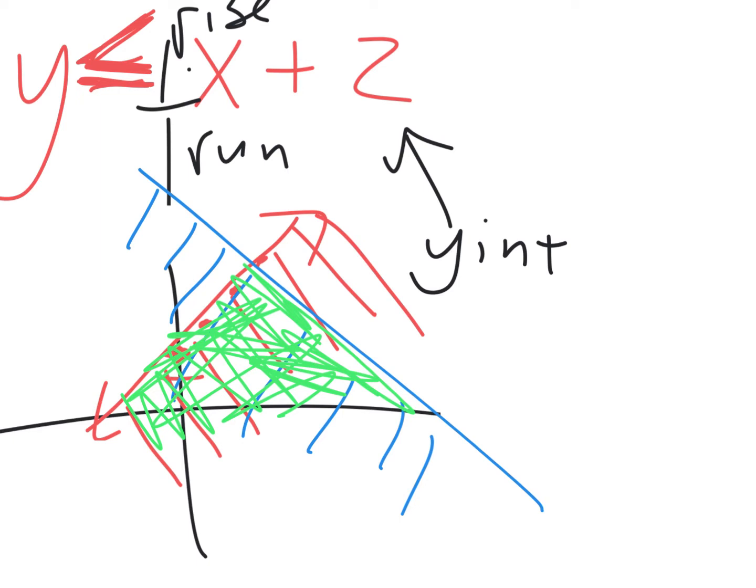Big fancy word, feasible. Do you get feasible means like we could do that? Like if somebody said, we're going to build a high school that's 4 stories tall. Is that feasible? Yeah, you could make a 4-story high school. No big deal. What if we said, we're going to make a high school that's 900 stories tall? That's not feasible. That's not really possible.